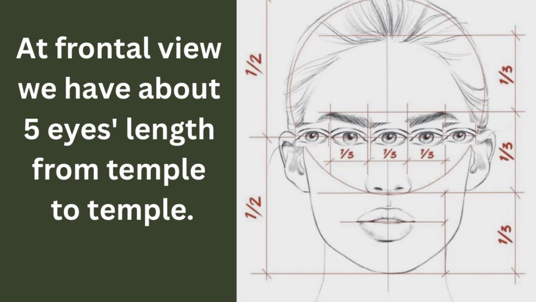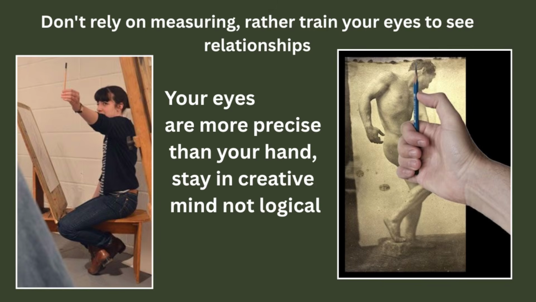As a general guideline, in frontal view the width of the face from temple to temple is about 5 eyes. Try not to rely too heavily on mechanical measurements with your brush. Observe your subject as a whole, training your eyes to see more abstractly, just simple shapes and negative spaces.